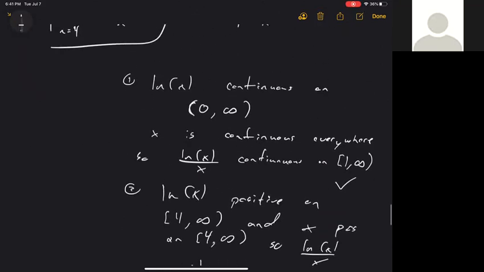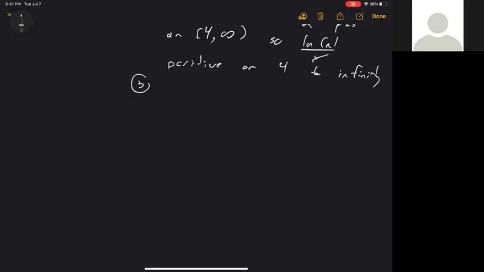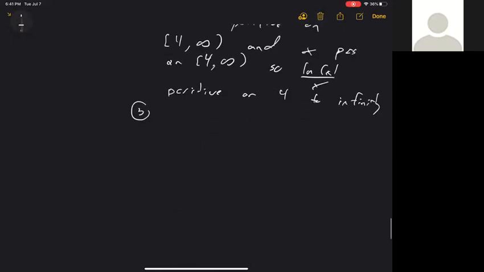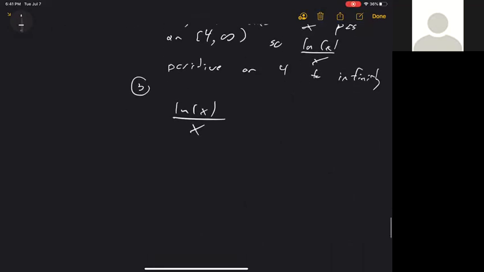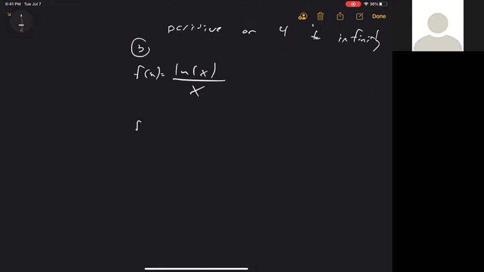And then we need to verify it's decreasing. This is probably the hardest part of showing these three conditions. How do I show that this function is decreasing? Well, if it's differentiable, meaning if I can take the derivative of it, what I do is I take the derivative and then show the derivative is negative. So what if this is my f? What's f prime?